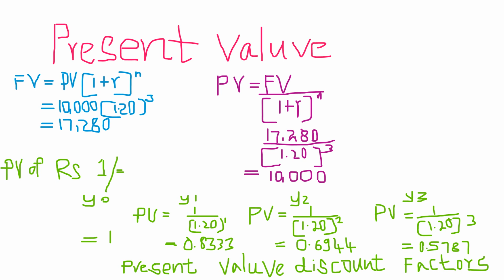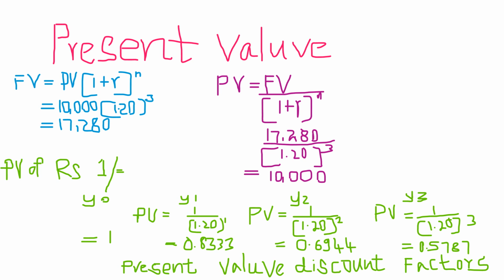Into the power 3, for three years. When you multiply 1.20 into the power 3 by 10,000, you end up with 17,280, the same amount that we got. In the same way, we can calculate the present value.